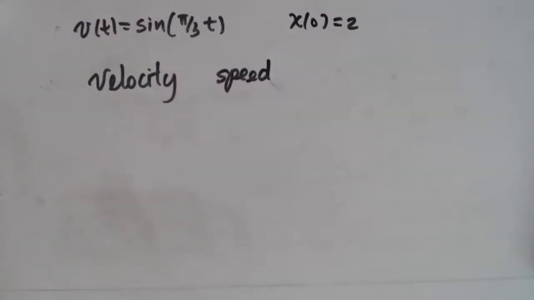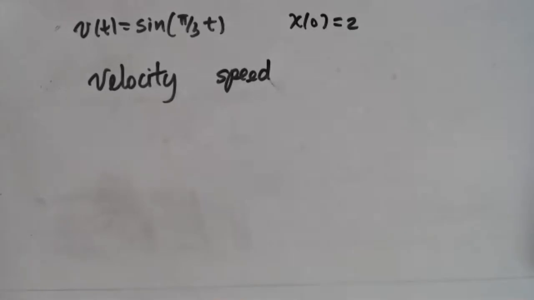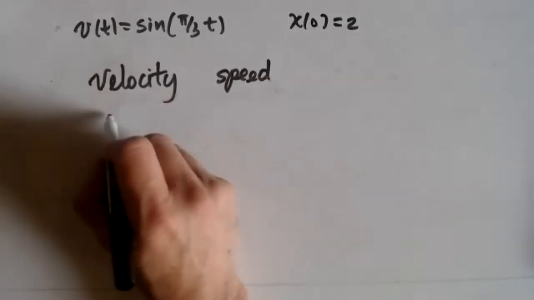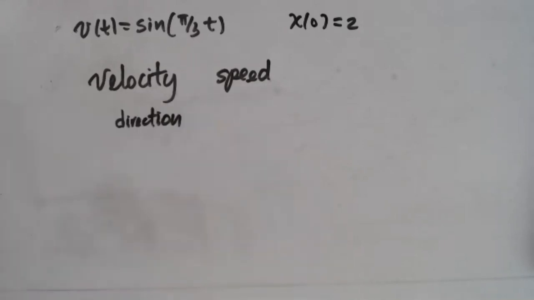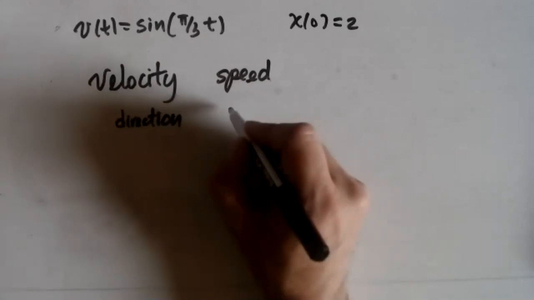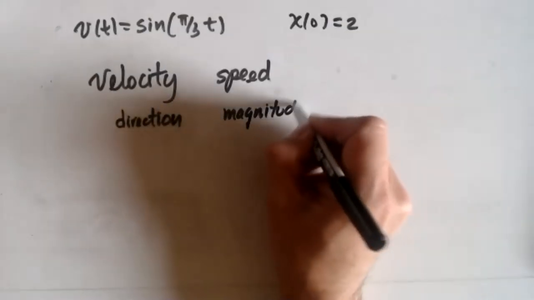They're different. Why? Velocity is displacement over time, and speed is distance over time. Velocity has direction. Okay, this is important. This has direction. And this is magnitude, correct? It's very important.